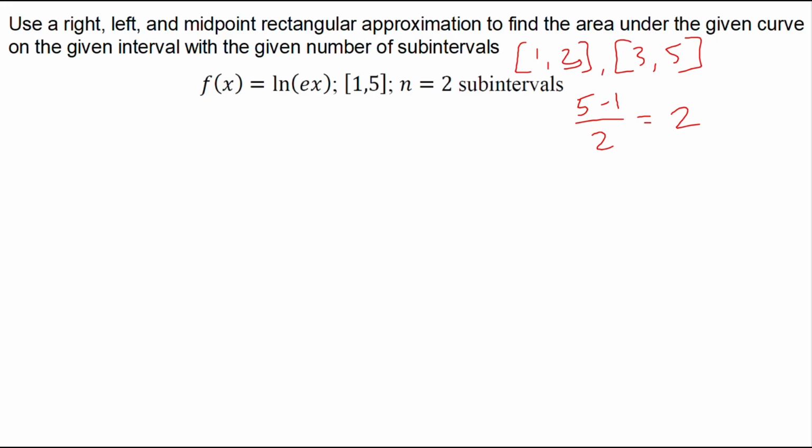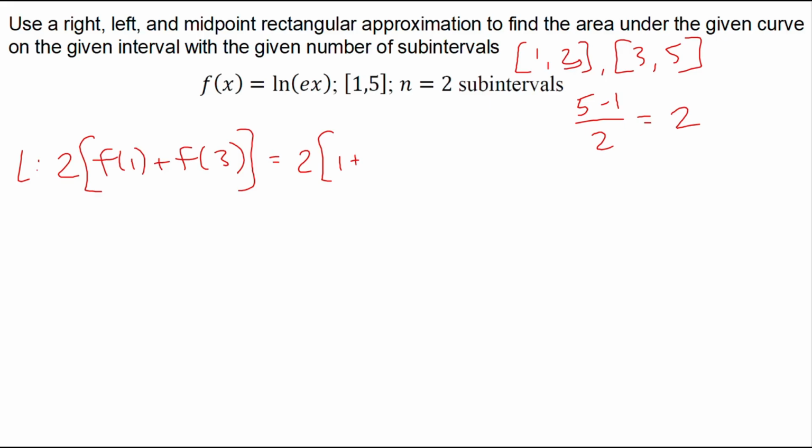And so as we do this, we have for the left 2 times f of 1 plus f of 3. Well, f of 1 is just the natural log of e times 1. Natural log of e is just 1. So we've got 2 times 1 inside of there now.